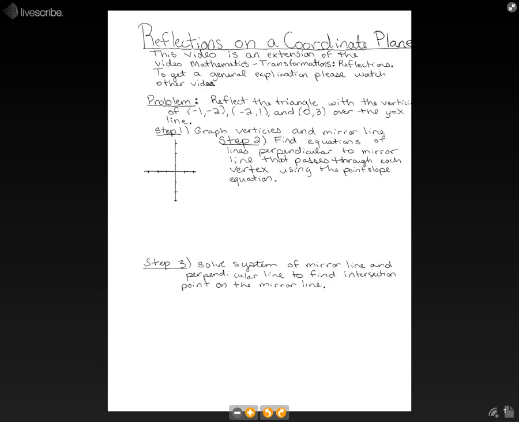So we have (-1, -2), (-2, 1), and (0, 3). Now we can just connect those points to get our triangle.